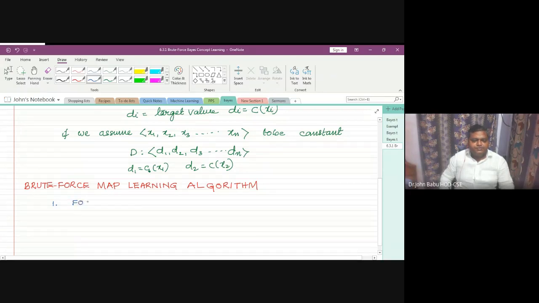For each hypothesis h that belongs to capital H, where capital H is the space, that means the set of all the hypotheses, and small h is a single hypothesis, we calculate the posterior probability.